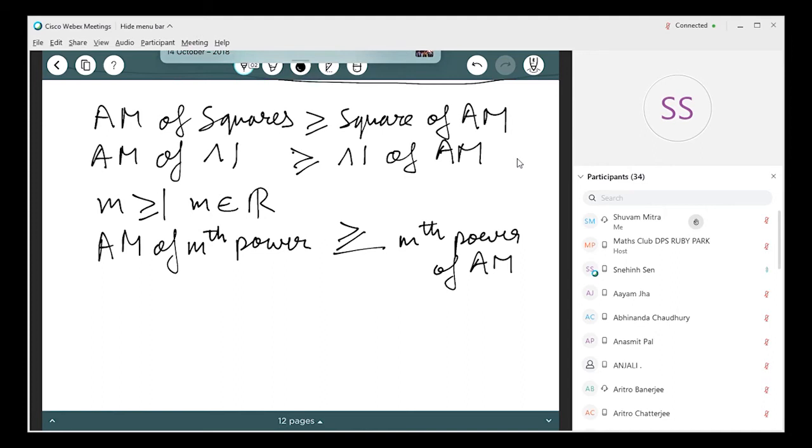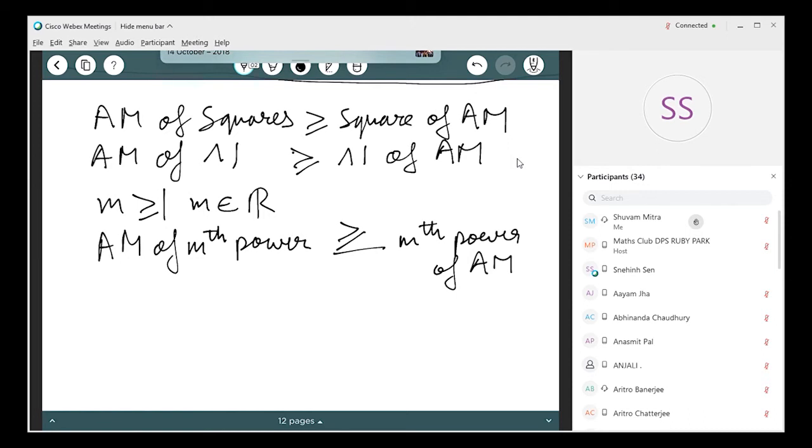Indeed, this is the case. With some analysis and functions and a bit advanced techniques, we have a stronger result than QM-AM or any other mean inequalities. So before that, I'd like to define some stuff before I get into the power mean inequality.